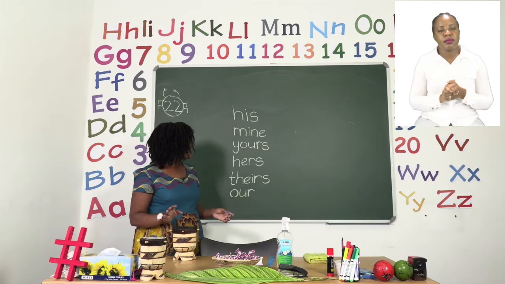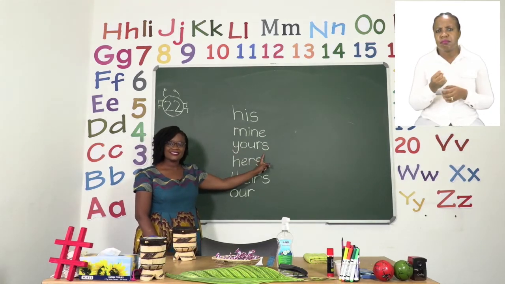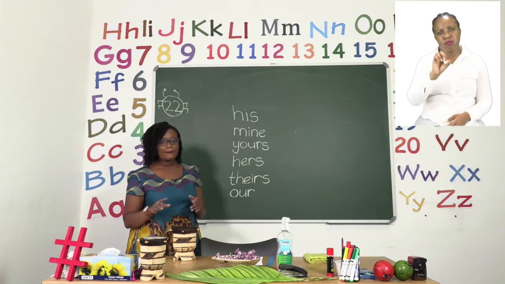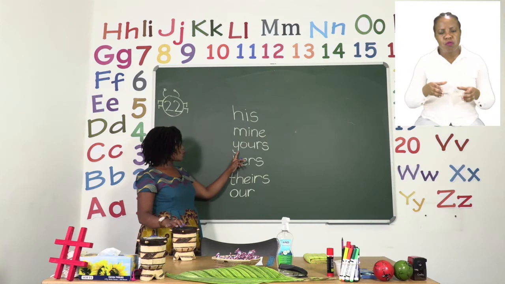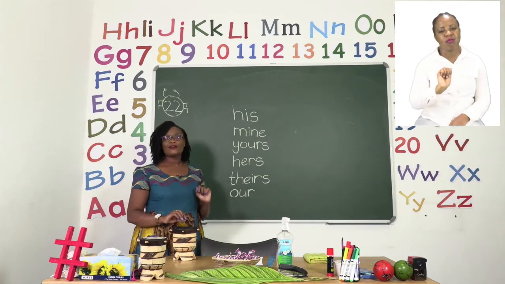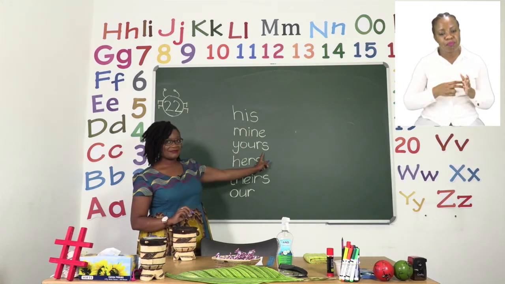Then we have the other one, which is yours. Now the word yours, we will say the drum is yours. That's a way of saying the drum belongs to you, yours.